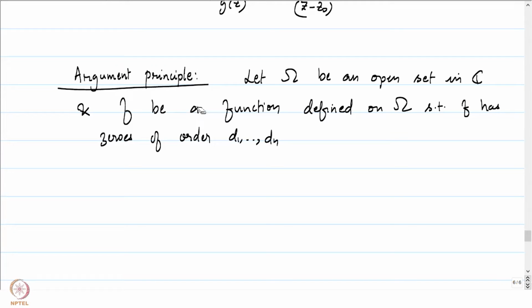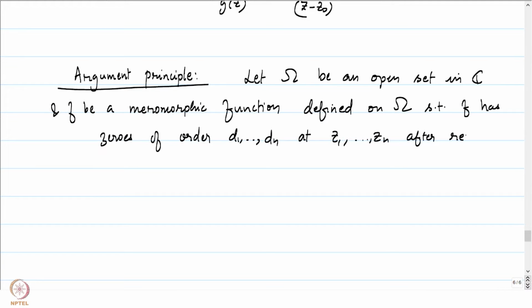So f is a meromorphic function, defined on omega minus some singular sets, with zeros of order d1 to dn at z1 to zn, after removing the removable singularities.